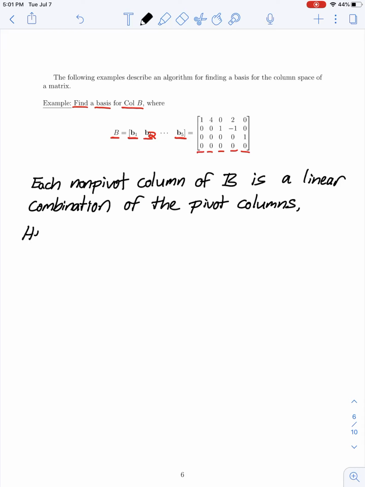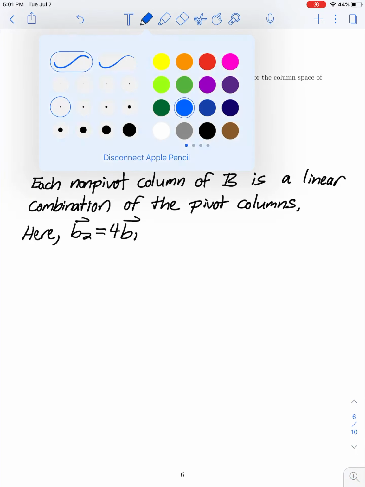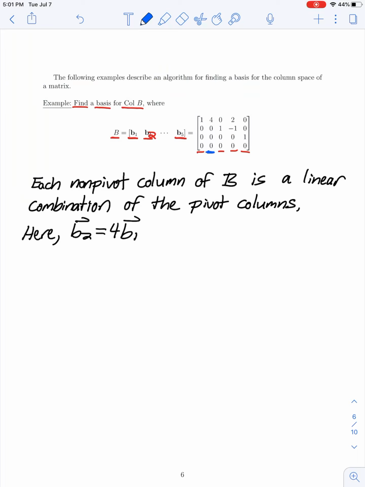So for example, for this matrix, column 2, that is the vector B2, is equal to 4 times B1. We see that to get the second column, we just take our first column and multiply by 4.